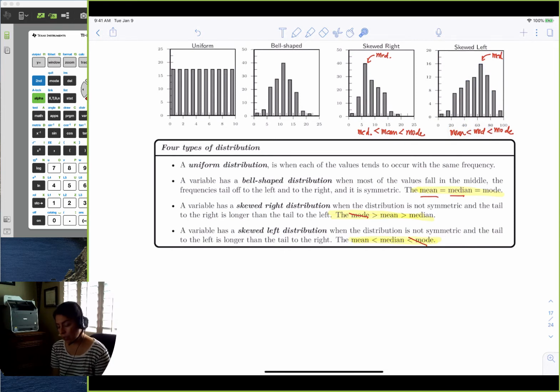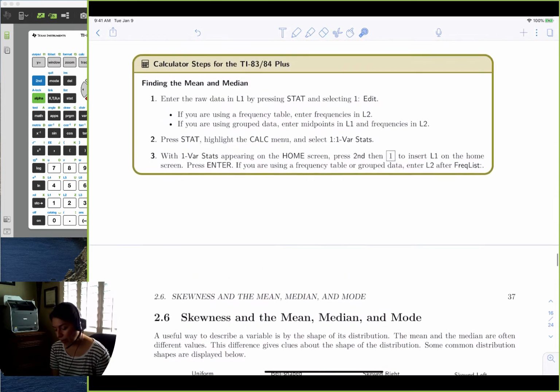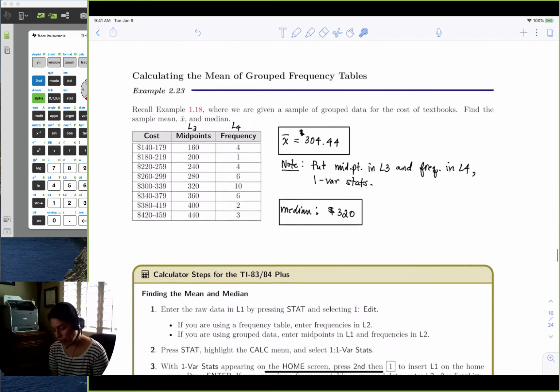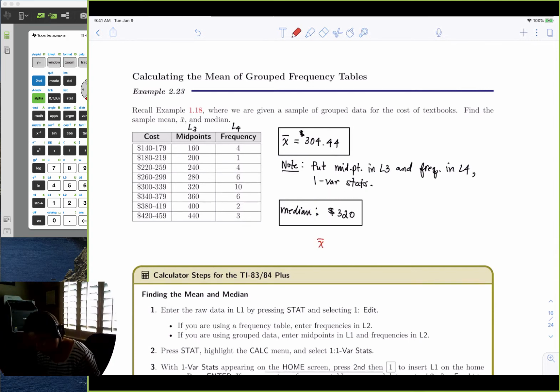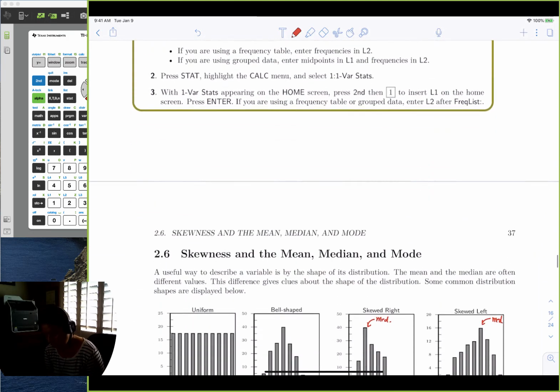So if we went ahead and looked at our previous example right here with the college textbooks, we saw that the average was 304 and the median was 320. So this means that the average was less than the median. So when the average is less than the median and the median is greater, what does this mean our data would look like?